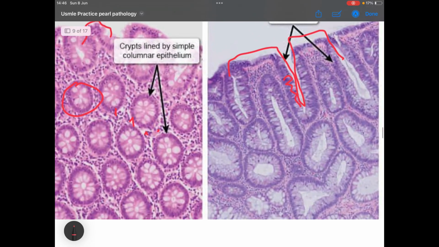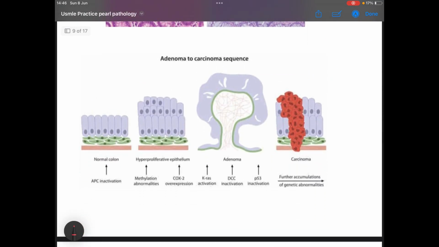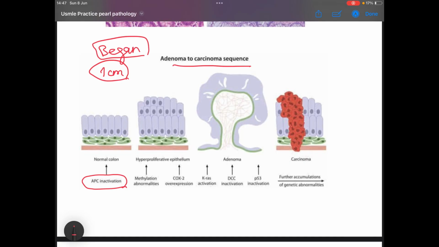If you take a close look, you can check the multiple clones in the epithelium of the tubular adenoma. And if we talk about the question, the adenoma to carcinoma in this patient, there is an adenoma of 1 centimeter. This journey of adenoma to carcinoma in colorectal cancer began and started with the mutation of APC inactivation.